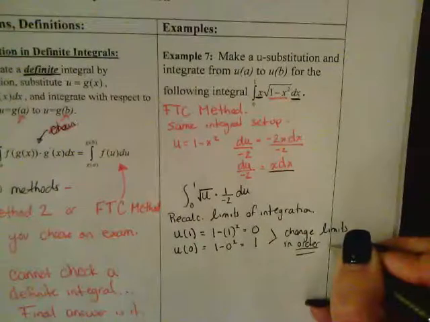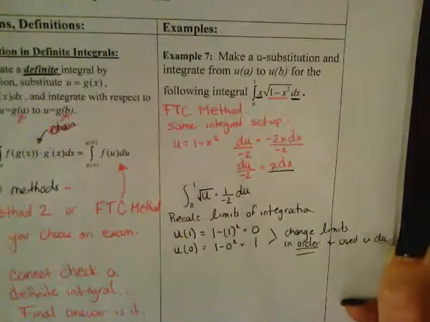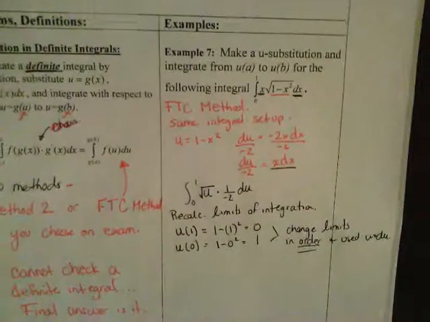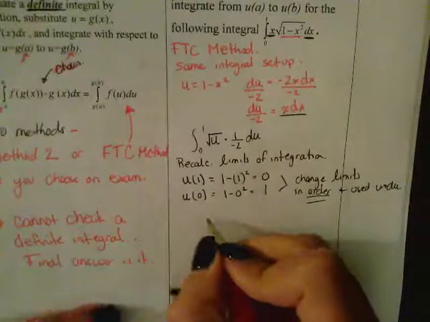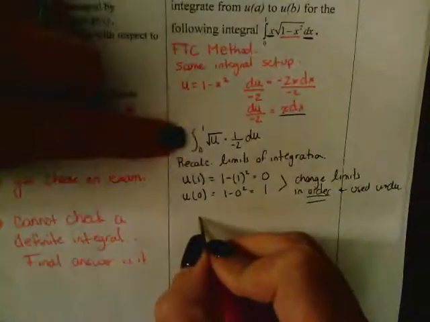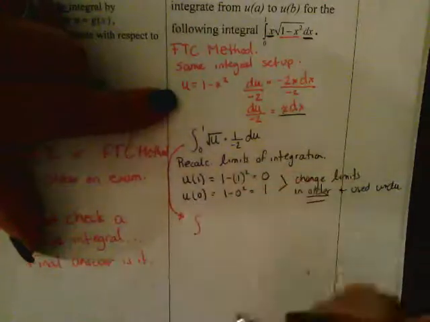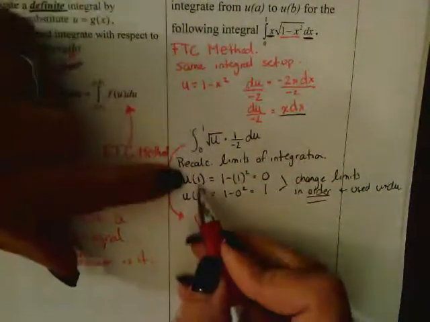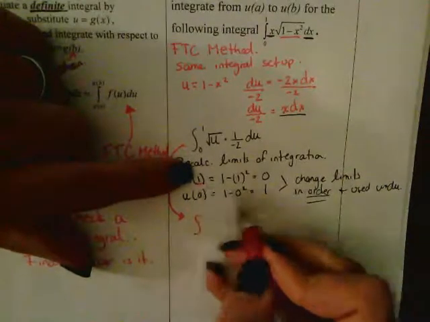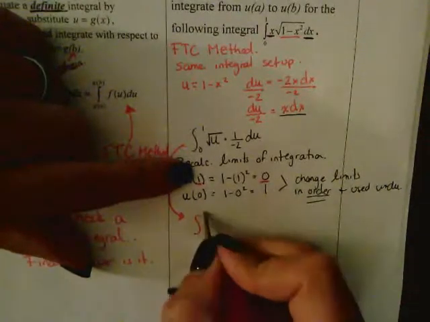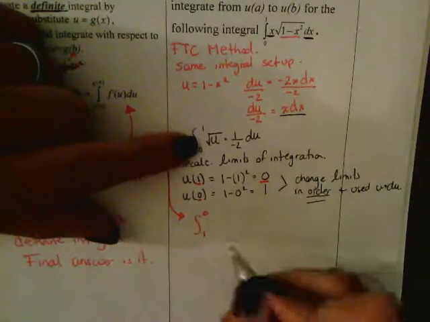So our new integral is going to look like this. I'm going to use this integral right here, but instead of my bound of 1, I'm going to replace it with 0, and instead of my bound of 0, I'm going to replace it with 1.